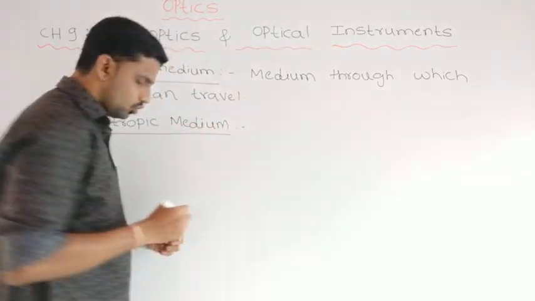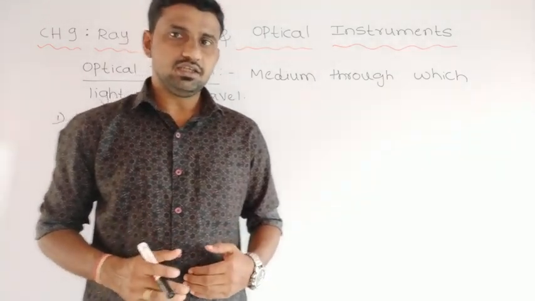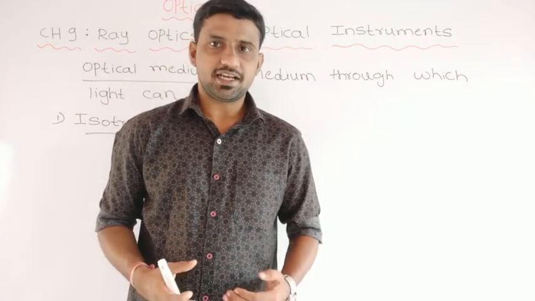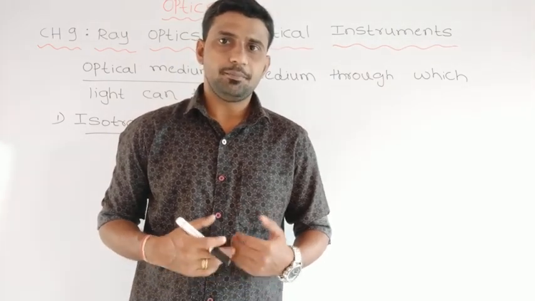And what is isotropic medium? Isotropic medium means if the light has the same speed in all the directions, then that type of medium is called an isotropic medium.